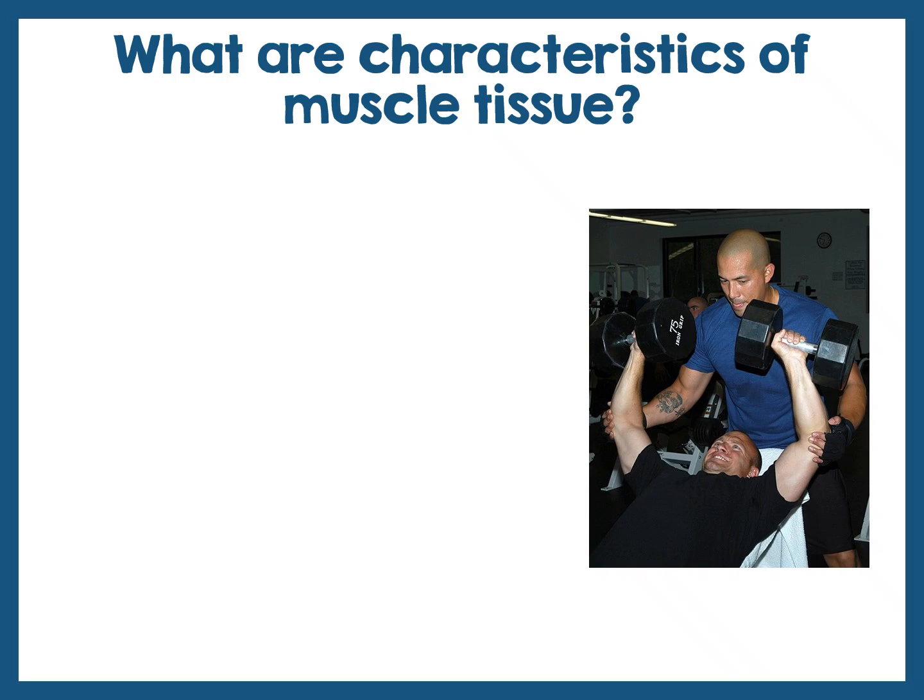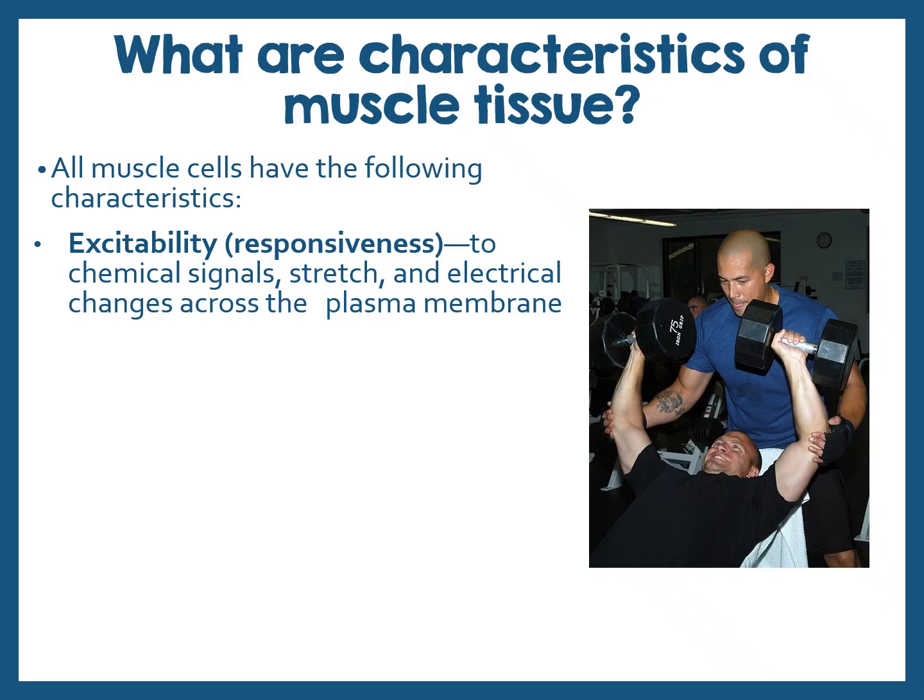Recall that we have 3 different types of muscle tissue. There is skeletal muscle, cardiac muscle, and smooth muscle. And no matter which one of those 3 we're talking about, they will all share the same characteristics. For example, all 3 will have the characteristic of excitability or responsiveness.